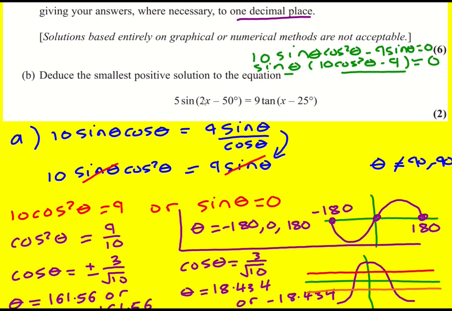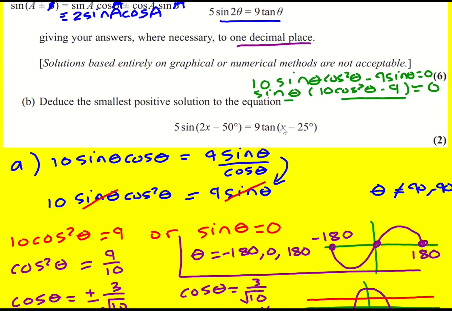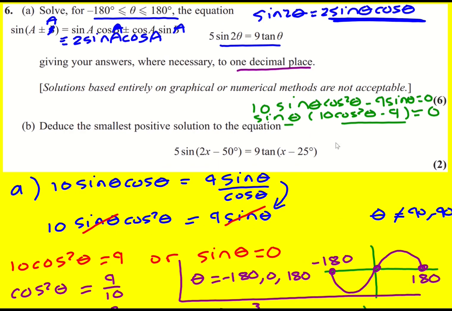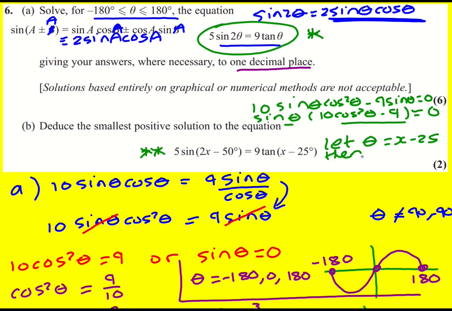In part B, we're just then asked to deduce the smallest positive solution to this equation. Now it looks very, very similar. So I'm going to let theta equal x minus 25. And then star actually becomes double star.